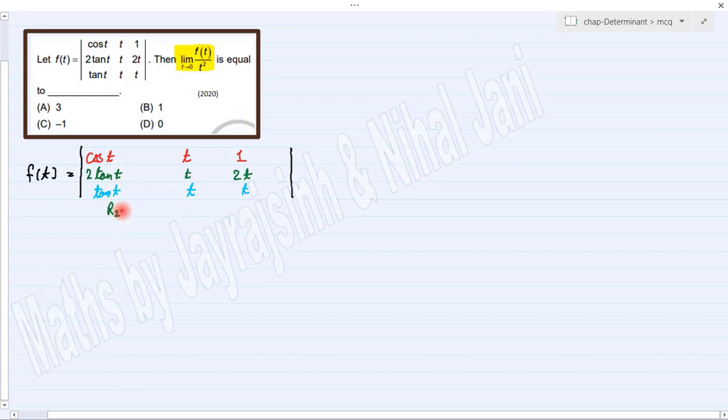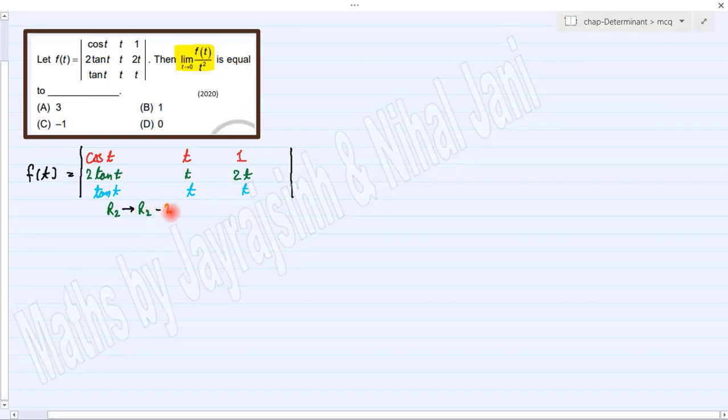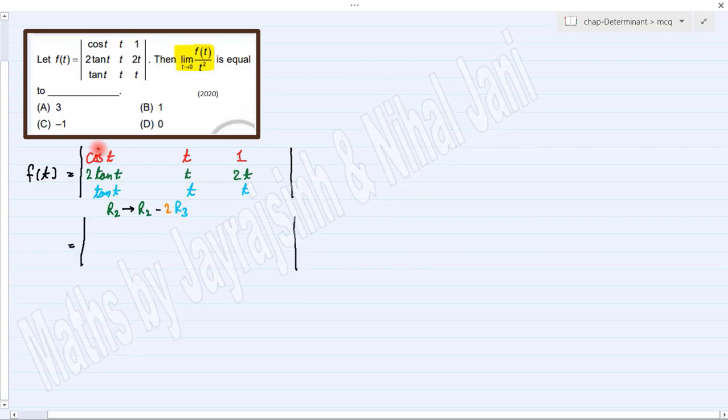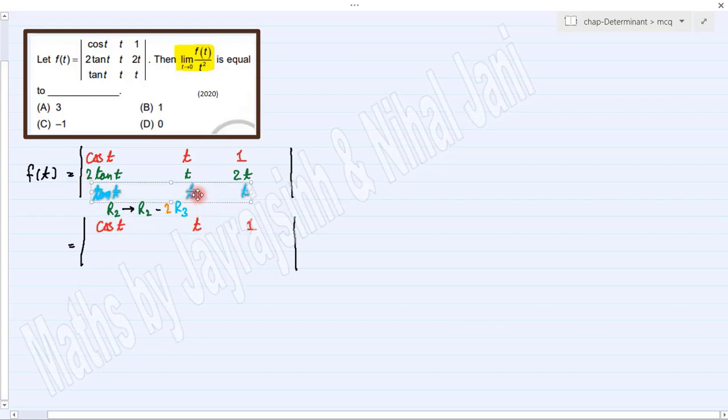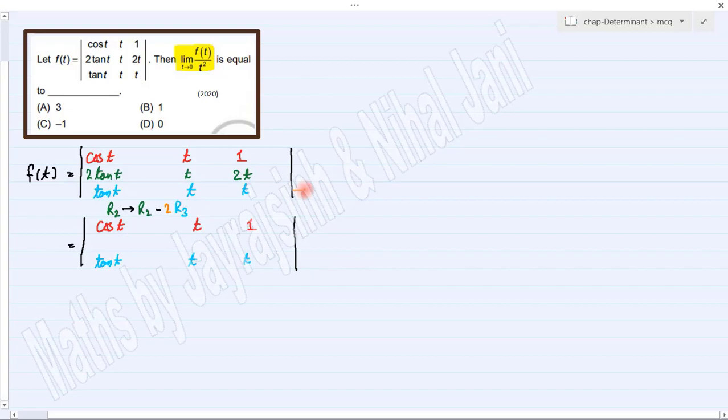So let's take R2 goes to R2 minus 2R3. In this operation, the first row and third row will be as it is. Now let's obtain the second row by multiplying minus 2 with the third row and adding into the second row.